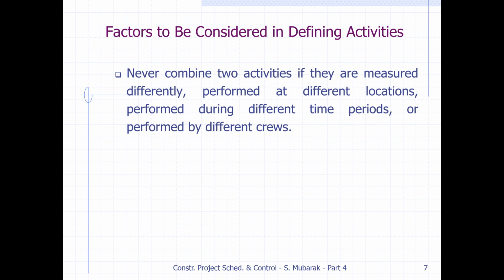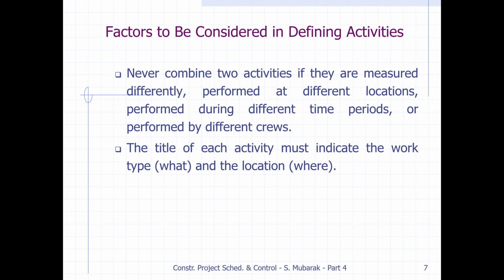If activities are performed at different time periods, one after 5 days, another after maybe 1 month, we should keep those activities separately. If activities are performed by different crews, meaning different groups, we should also name them separately.